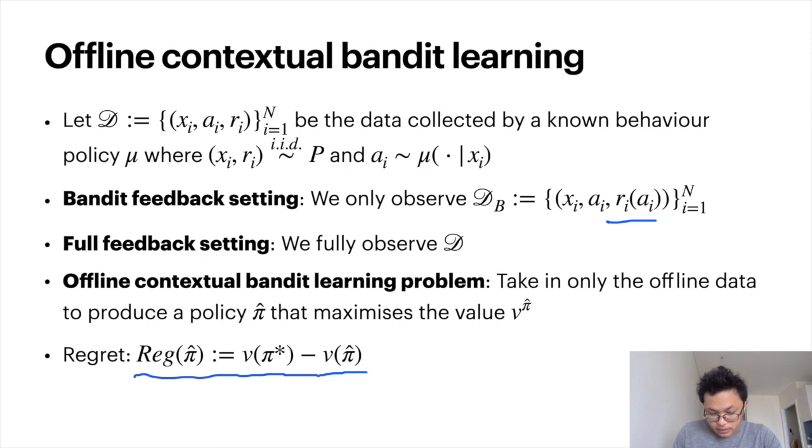Pi hat is learned from the offline data, and it is an offline setting because you only learn the policy from D only, and there is no exploration step here.